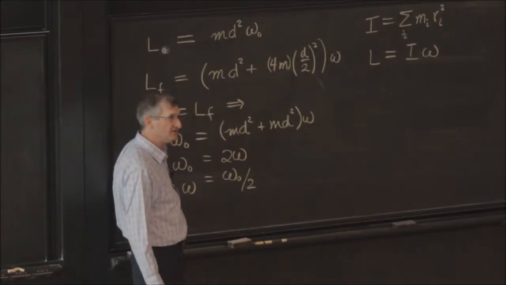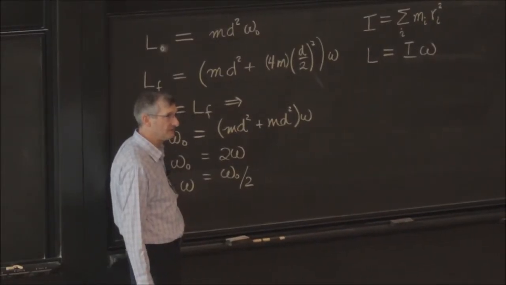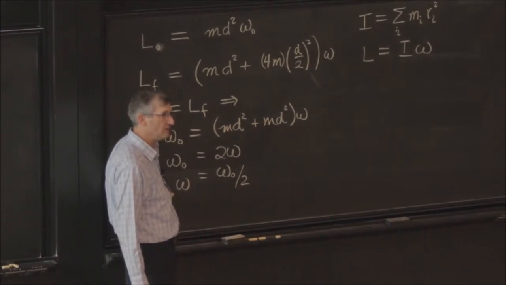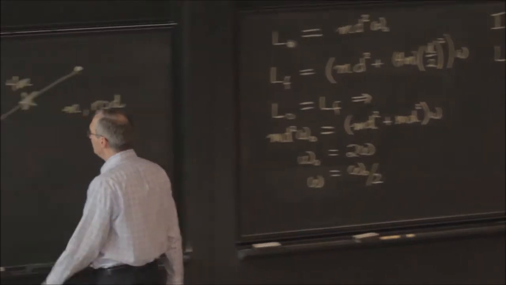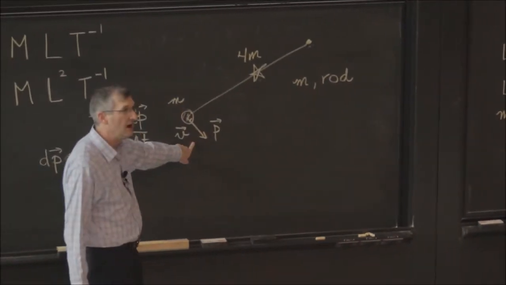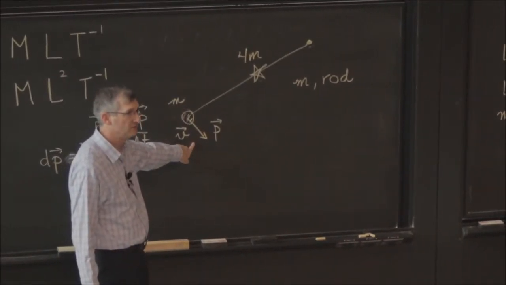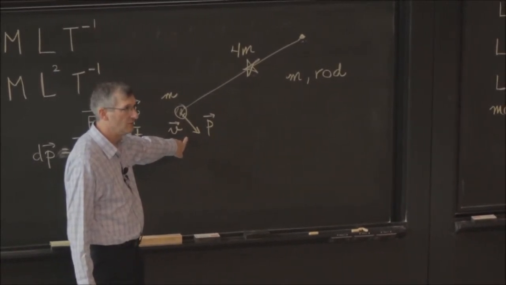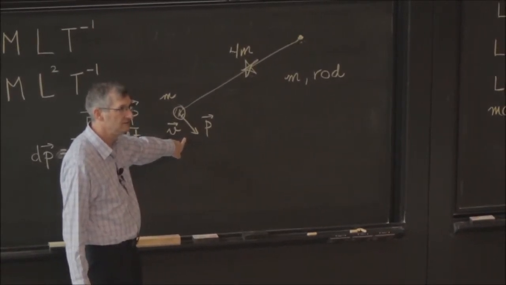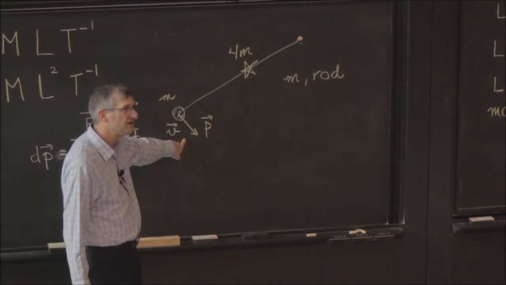So the angular velocity after was omega equal to omega naught over 2. The velocity of the mass afterwards would be what? Or maybe just speed.